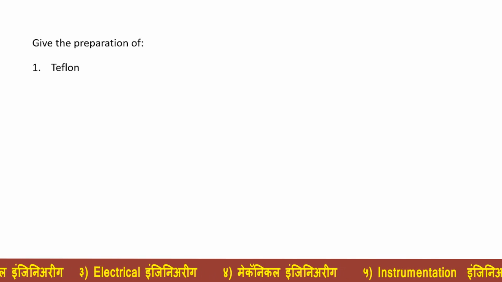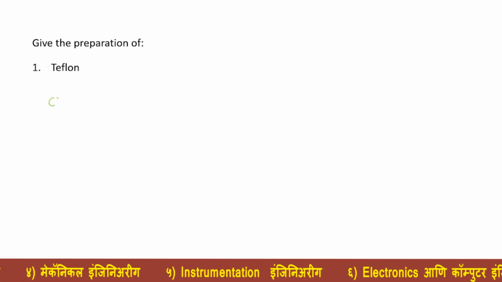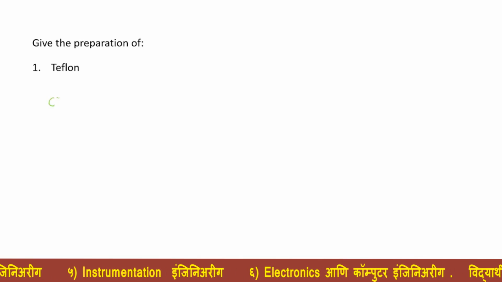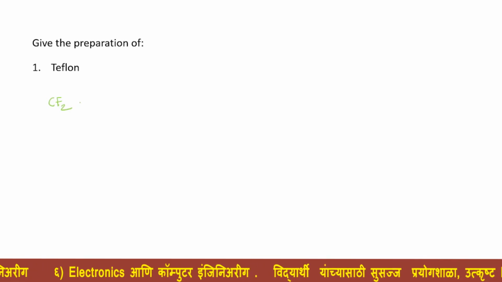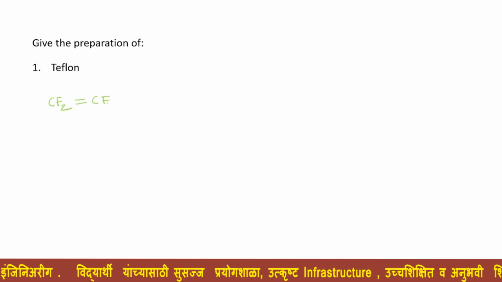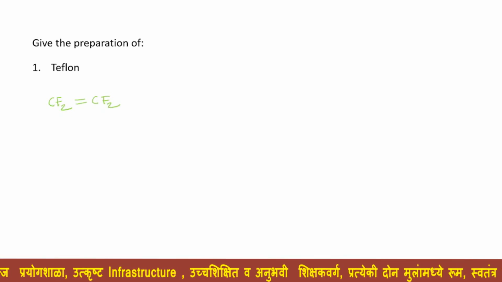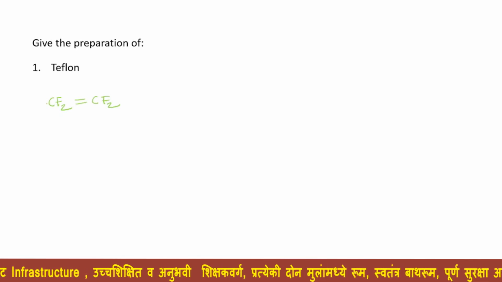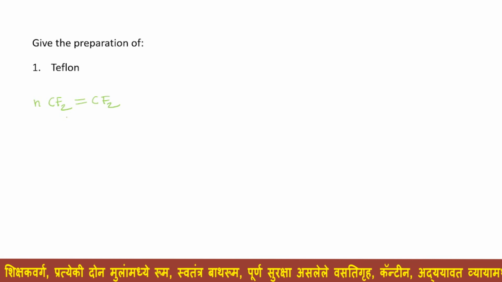So let's draw the structure: tetrafluoroethylene, that is CF2 double bond CF2. Simple. Instead of hydrogen, I write F, with n number of repeating units.